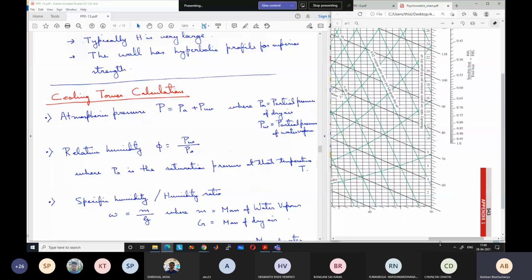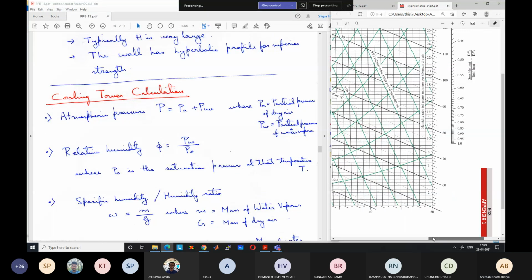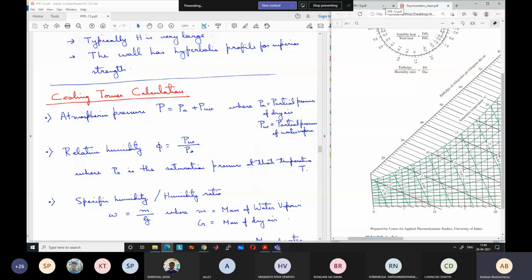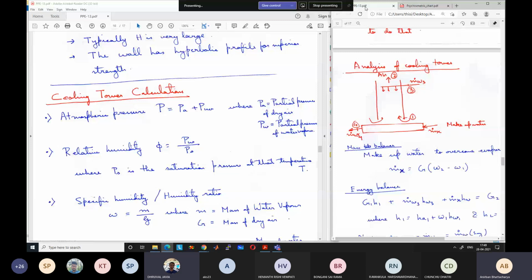These things you have studied, psychrometric chart. Maybe a different chart, but the pattern is similar. Have you studied psychrometric charts? Yes, sir. Okay, good.